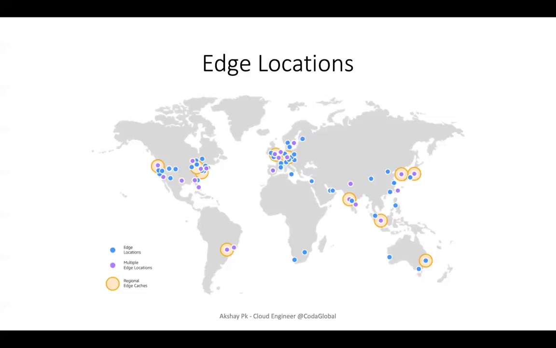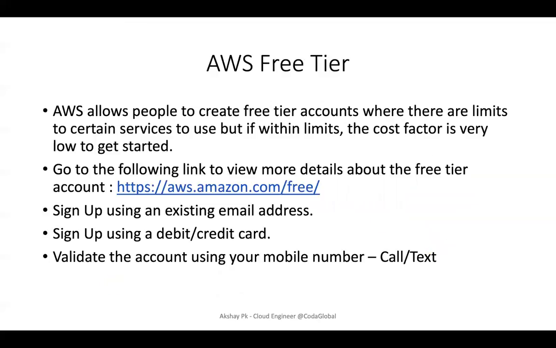You have control over how long your object is stored within these caches, and that's called time to live, or TTL, which all the networking people can relate to. When we work with Amazon CloudFront, you will be able to configure your own TTL for how long your object should be cached in all of these edge locations.